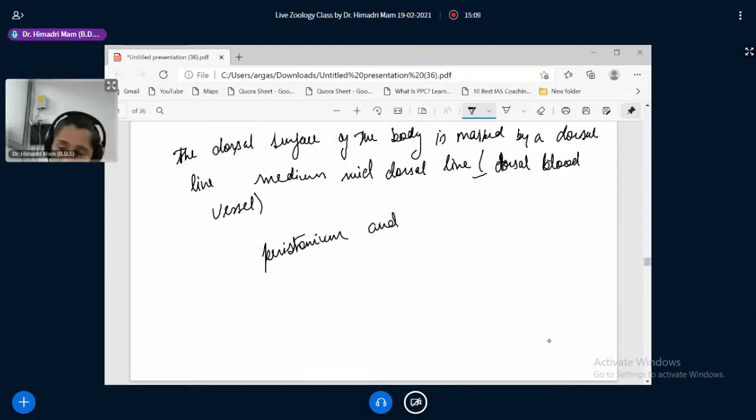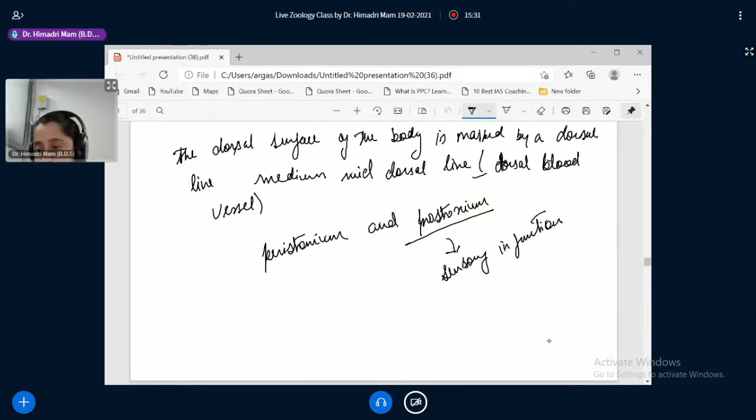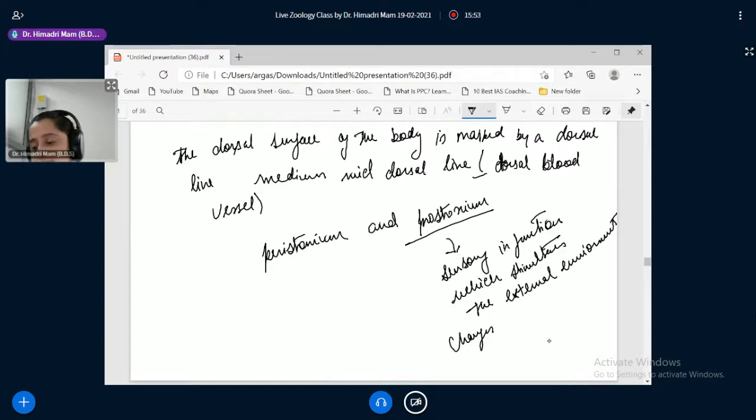Now the anterior part is divided into the peristomium and prostomium. The prostomium is a sensory organ, basically sensory in function, which stimulates or detects changes in the external environment.